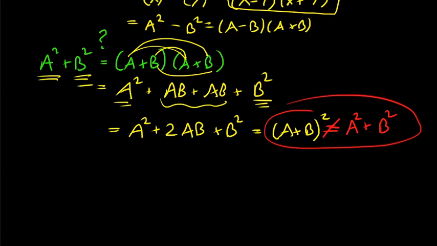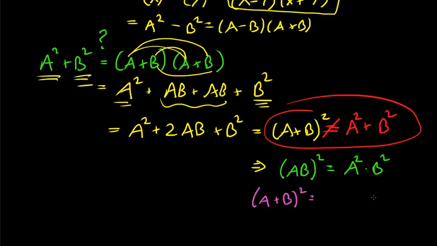Okay? And the reason why it's understandable, right? I mean, I'm sure we've all done this. I know I must have made that mistake many times before I learned not to do that, right? And the reason why it's sort of understandable is because we do it when we're multiplying, right? If we have a times b squared, we can write that as a squared times b squared, right? The problem is it's not the same as a plus b squared, right?